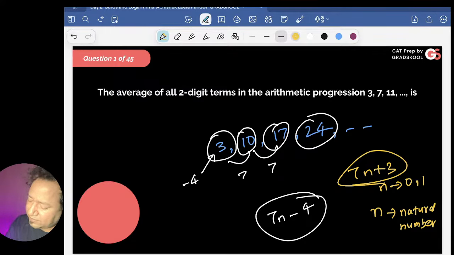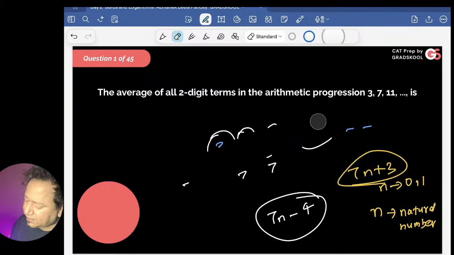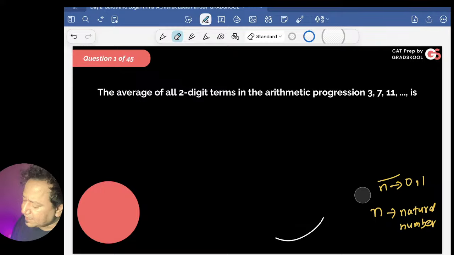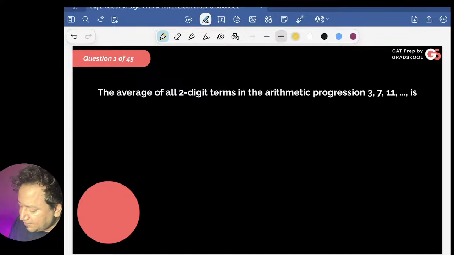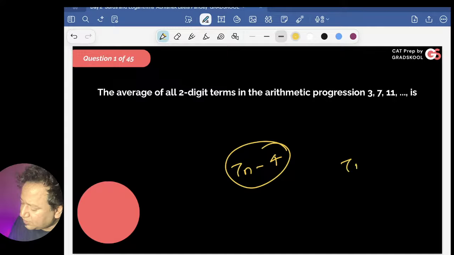Having said that, there is one more thing I want to discuss over here. That is in the number system. You must have read about remainders, and we discussed that in the linear equations class as well. So if 7n minus 4 holds good, 7n plus 3 would also hold good.